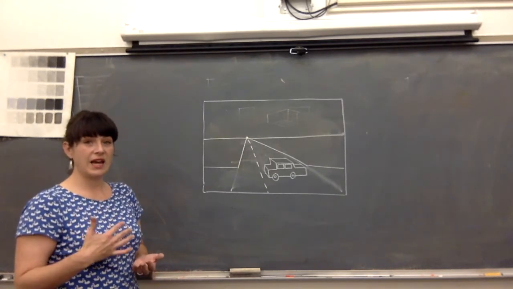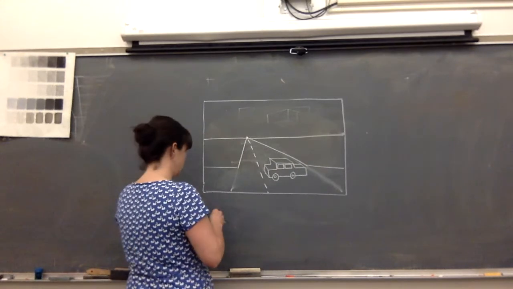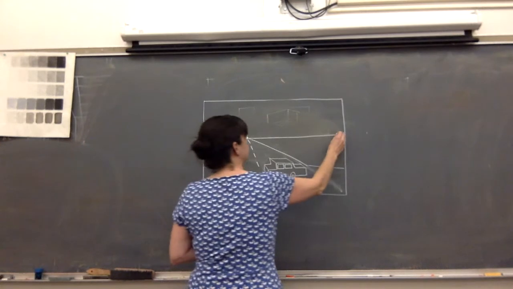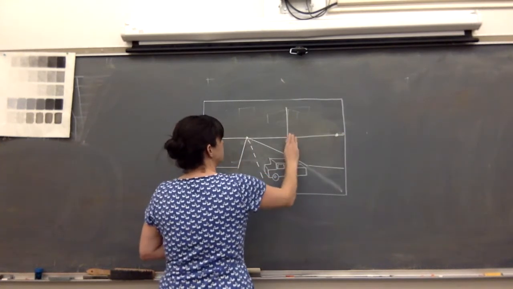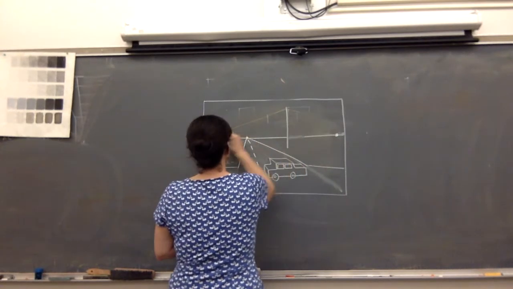Now, let's add some buildings to this, okay? So let's put a couple of vanishing points in here for our 2 point perspective. Okay. Now, here's a big, tall building. This is a city that we're in. So go to my vanishing points.